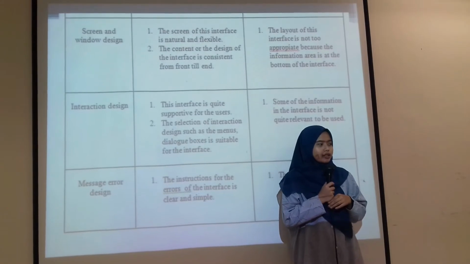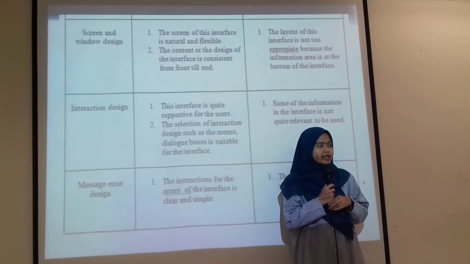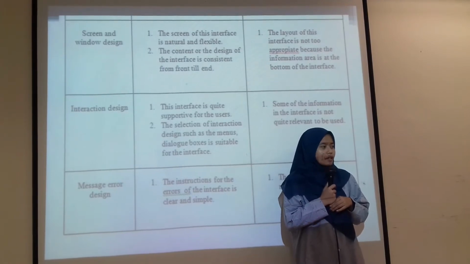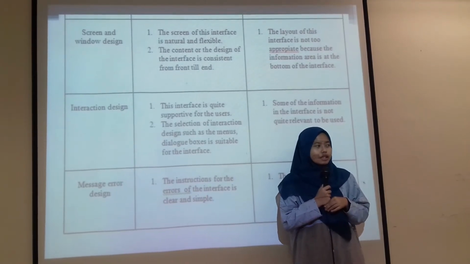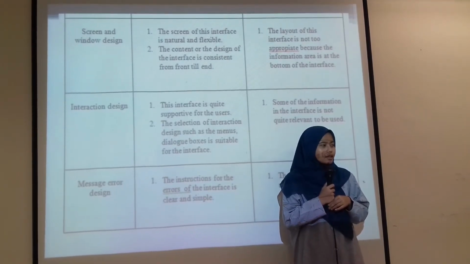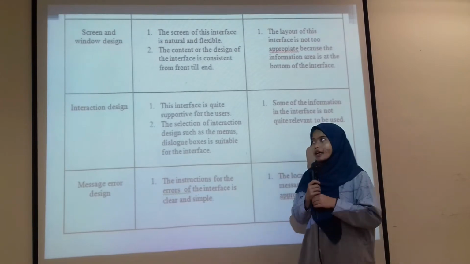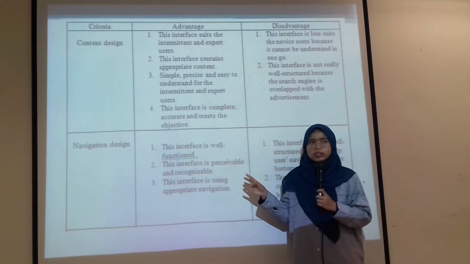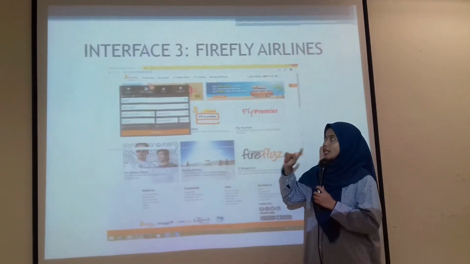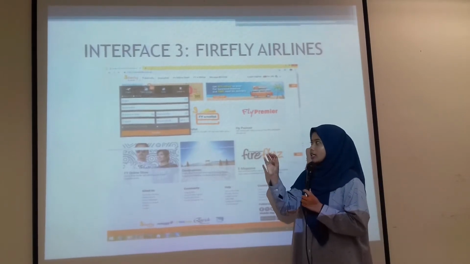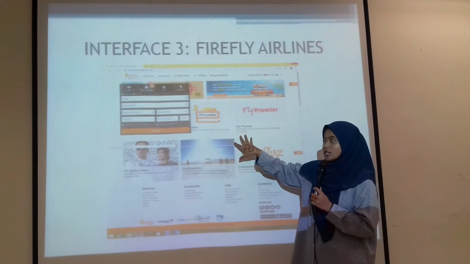The third criteria is screen and window design. The screen of this interface is natural and flexible, and the design of the interface is consistent from the start till the end. As we can see from the start of the interface, they use the same colors, which are orange and yellow, and for the background they are using white.